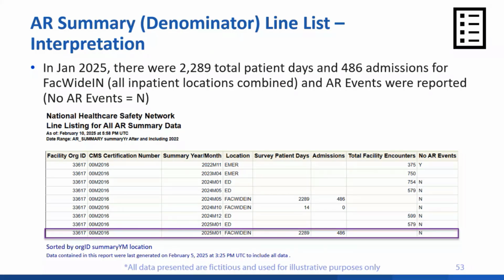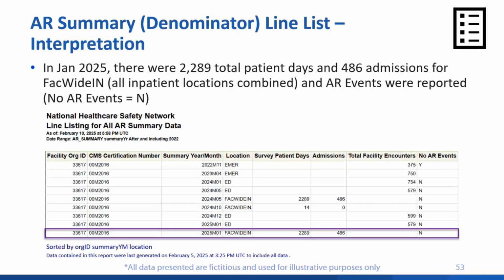To interpret this AR summary line list, we're looking at January 2025. There were 2,289 total patient days and 486 admissions for FACWIDE-IN, so all inpatient locations combined. And AR events were reported for this month.